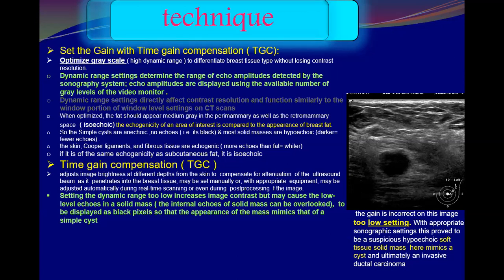Because we usually use the fat as a reference, any echogenicity similar to the fat we say is isoechoic.